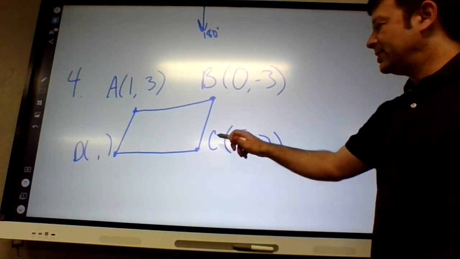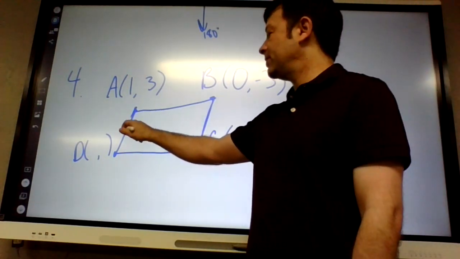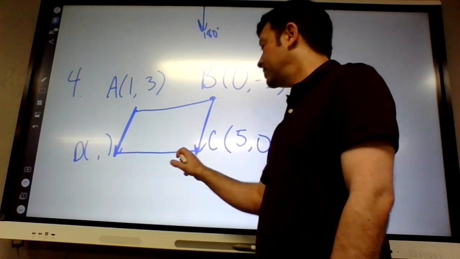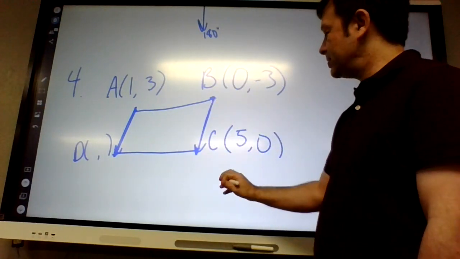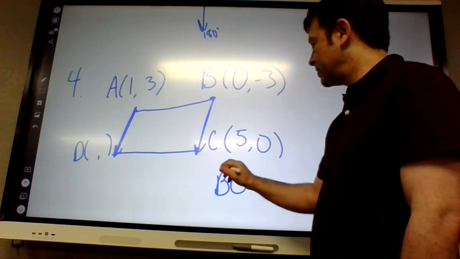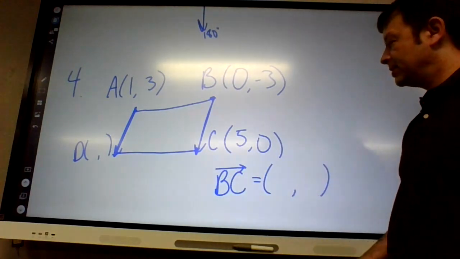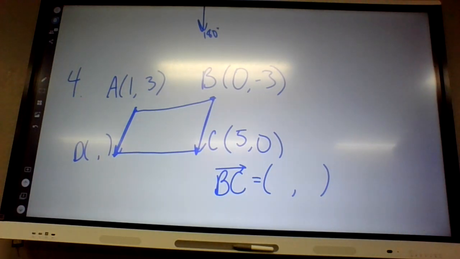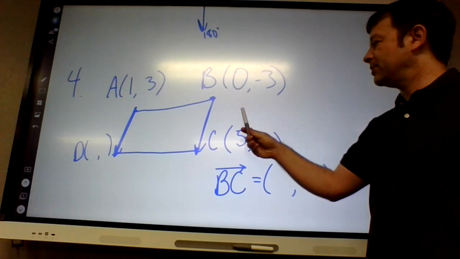Yeah, the slopes. Or you can think of it like this: this vector should equal this vector on a parallelogram, or this vector should equal this vector. So what is vector BC? Let's try that one, in component form. You guys remember component form? Just like the x and y coordinate basically. So the x coordinate is going from 0 to 5.